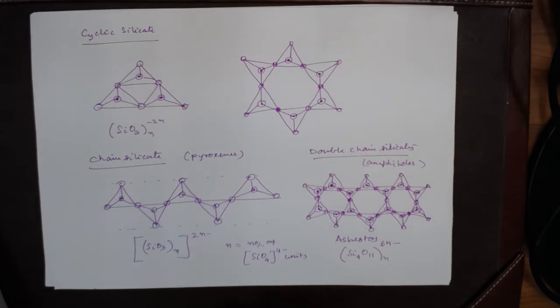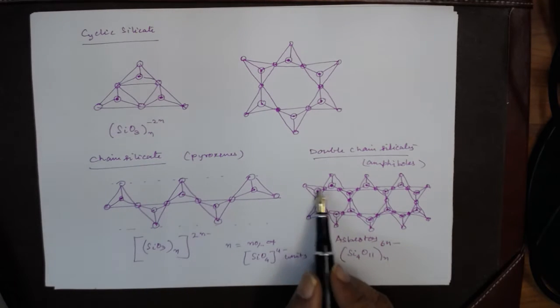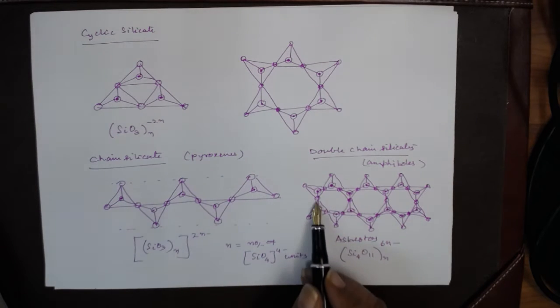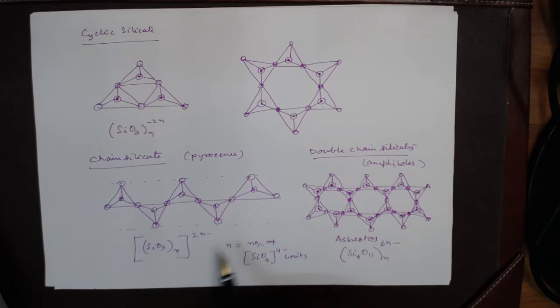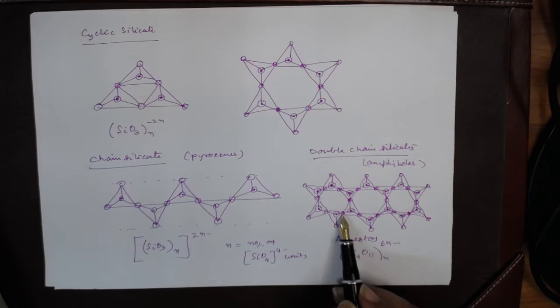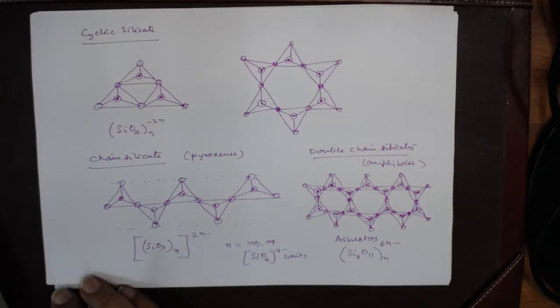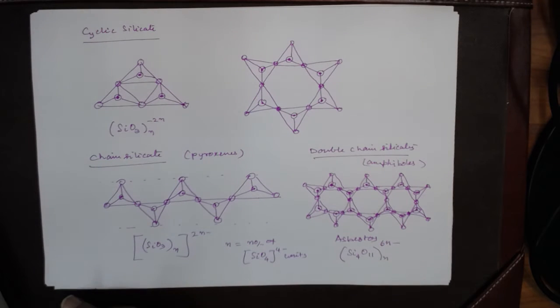Here you can find two types of tetrahedra. One is those sharing three vertices, whereas here they share two vertices. Likewise, two types, and that's why it's called amphiboles.